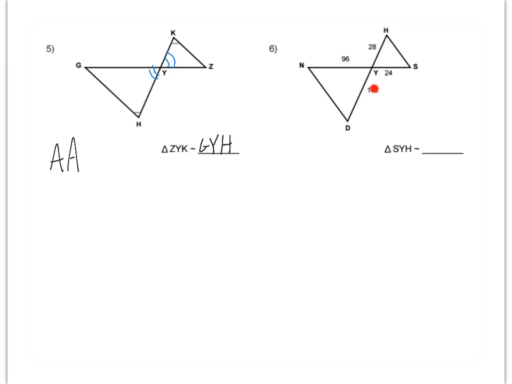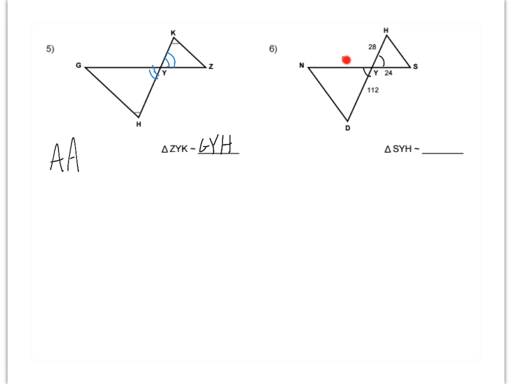So our next one here, we've got two pairs of sides marked. We also have that set of vertical angles again. So I'm going to mark those. Now, it's looking like side angle side, but we can't assume that. What we have to do is check our ratios and make sure they work. Now, I'm going to put corresponding side with corresponding side.